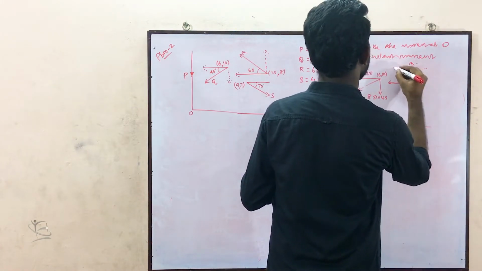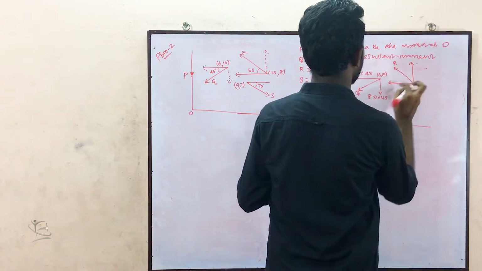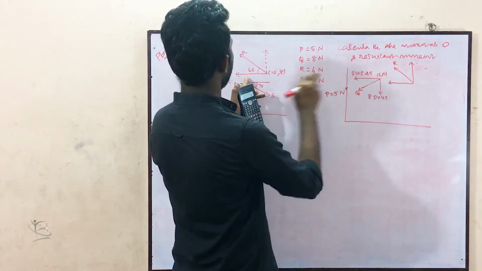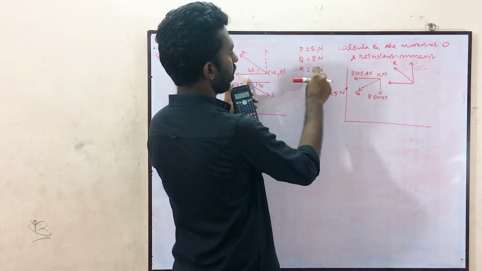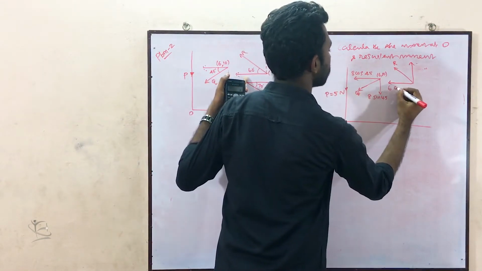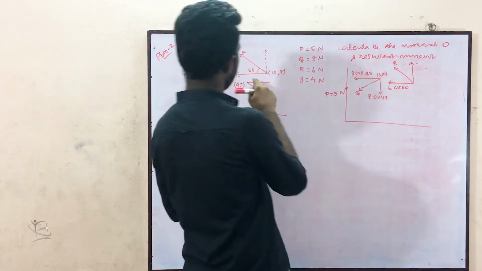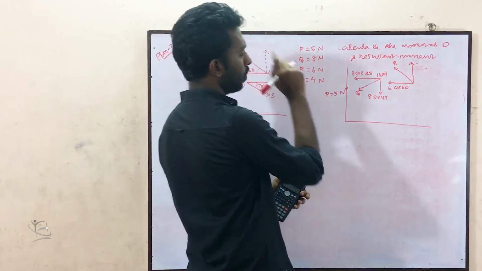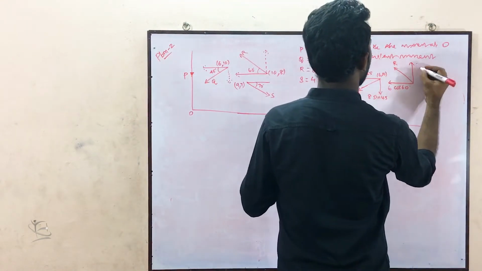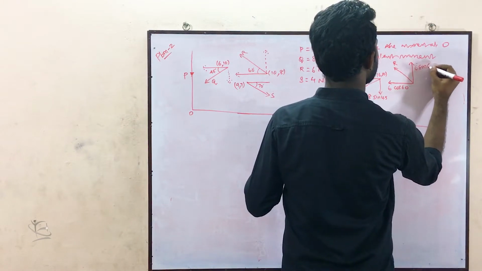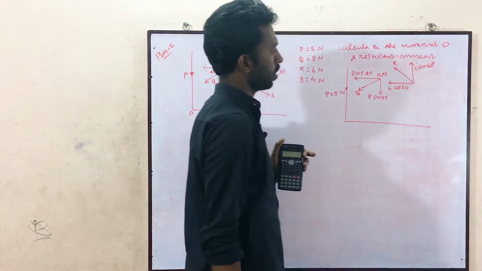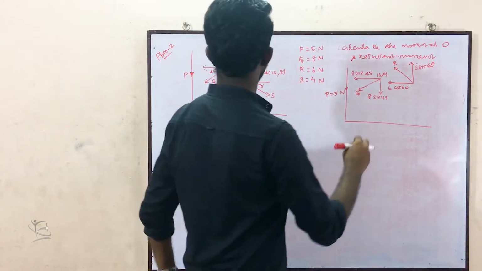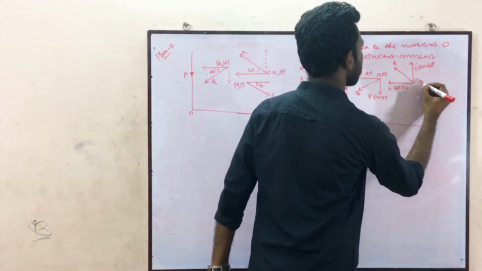So this is the force P, Q and now R. The horizontal component will be R cos 60 degree, R value is 6, so 6 into cos 60 degree. The 60 degree is inclined to horizontal, so this is cos theta and this will be sin theta. Here R vertical is 6 sin 60 degree. Clear? The coordinates are given as 10, 8.